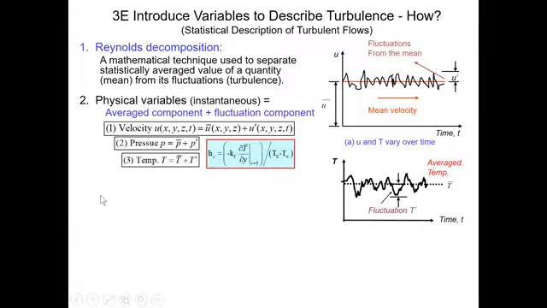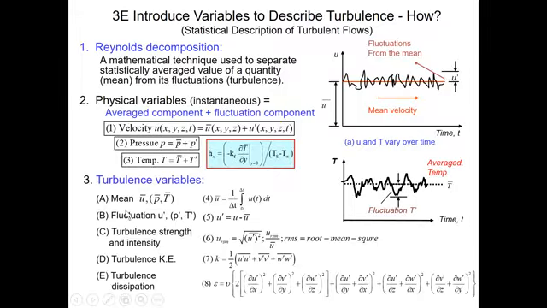Second, we can introduce more variables to describe turbulence. A, we already know the averaged mean variables. B, we already defined fluctuation variables.